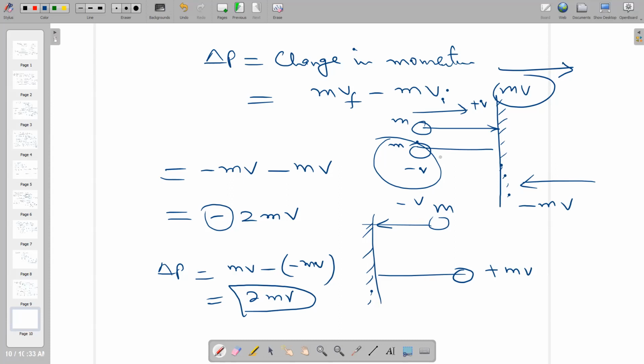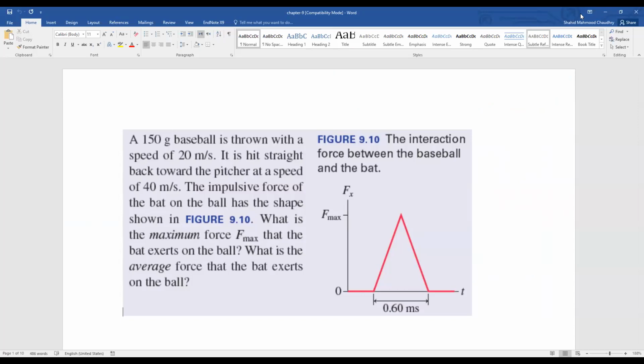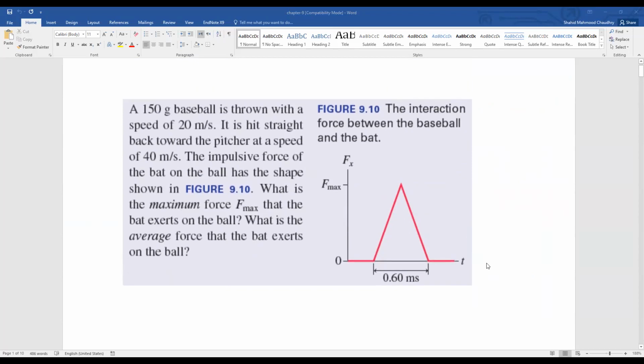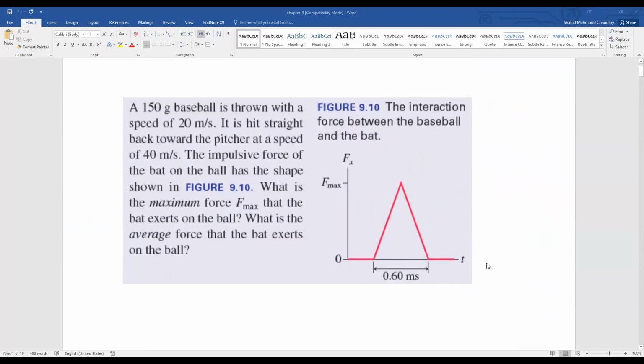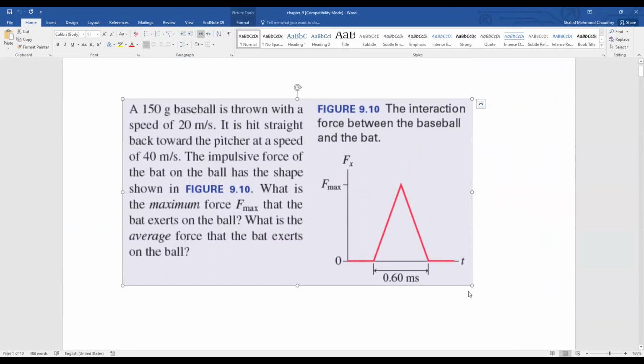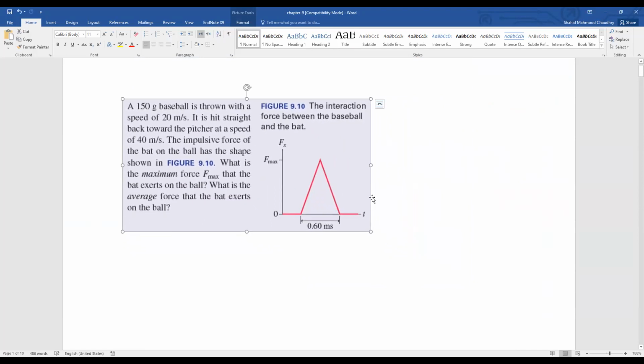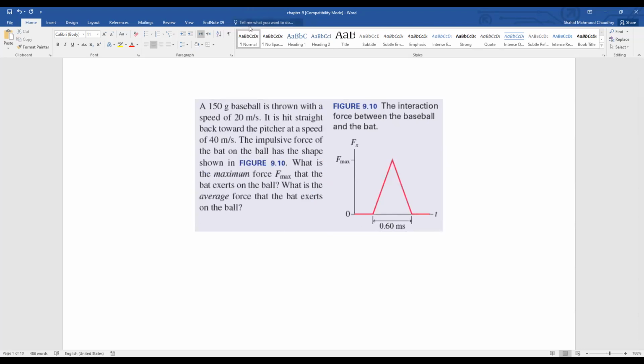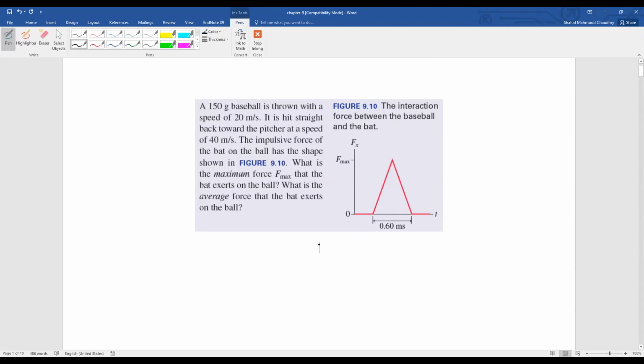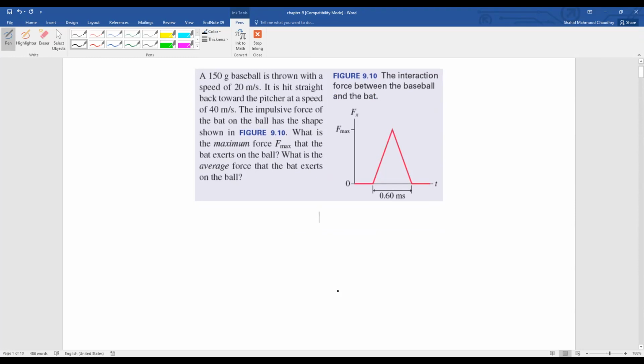After this, now I'm sharing the problem with you. So see this problem.